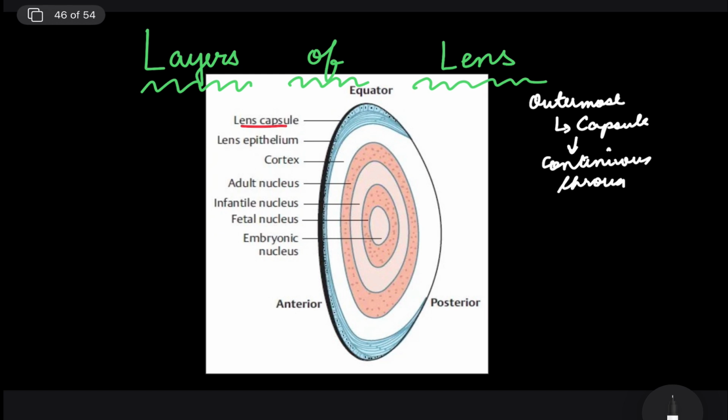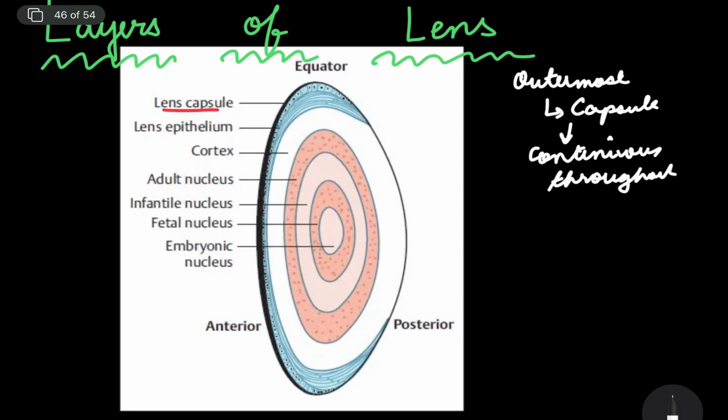What does this mean? This means that there is no part of the lens which is not bound by the capsule. This will be very advantageous to know when we talk about the next layer of the lens. So just bear with me right now. The outermost layer of the lens, that is the capsule, is continuous throughout.